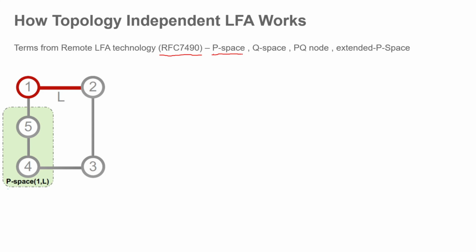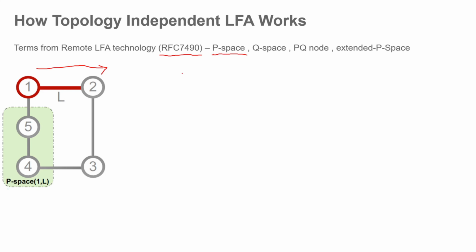So what is exactly the P space? If we talk about the P space of router 1, it is the routers which router 1 can reach easily without going over the protected path.